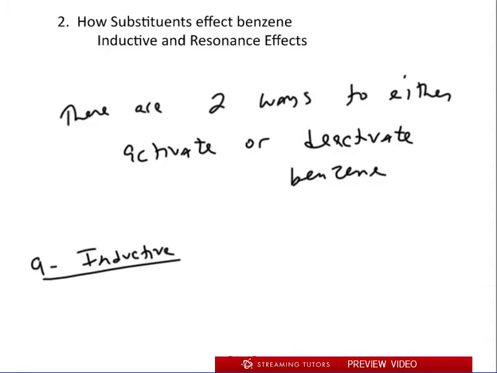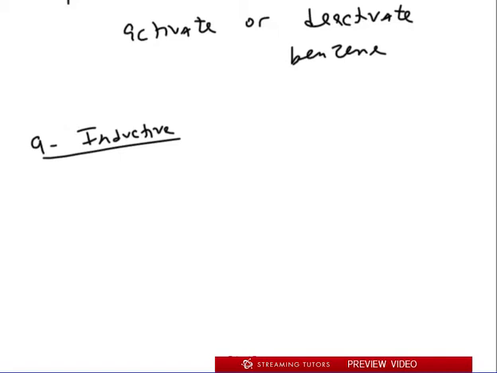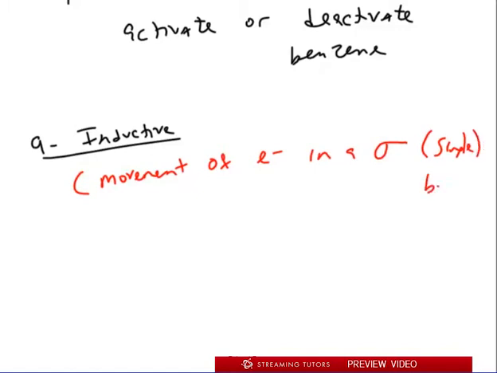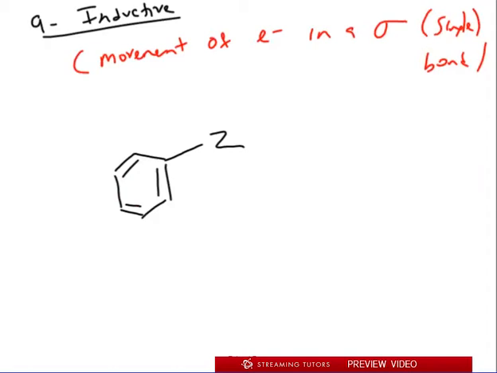Okay, so let's talk about one at a time. So inductive is the movement, remember this from last semester, of electrons in a single, sigma, single bond. That is inductive. So if it's moving electrons in a single bond, now imagine if I have a benzene and this benzene has attached to it Z. Now, if Z was to, let's say, equal a carbon, right?